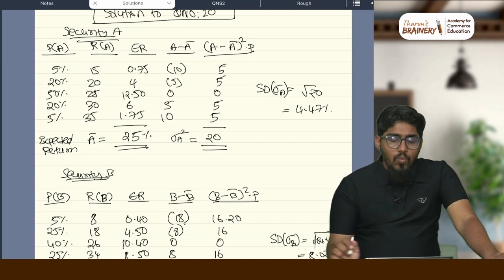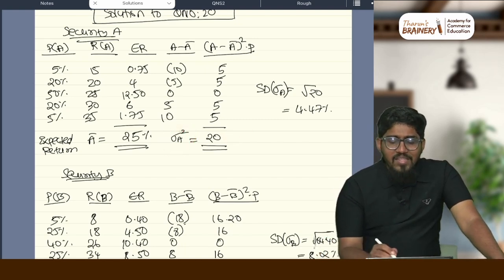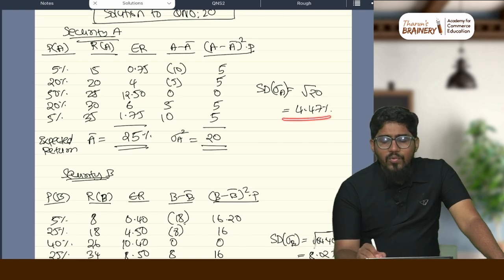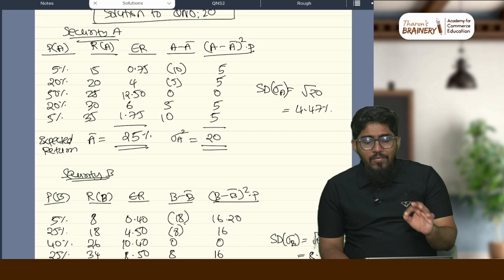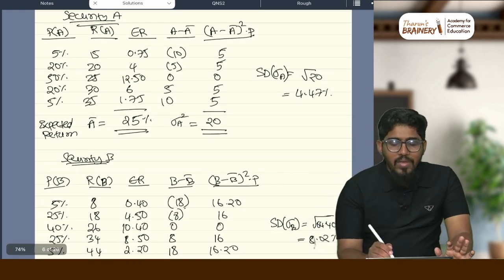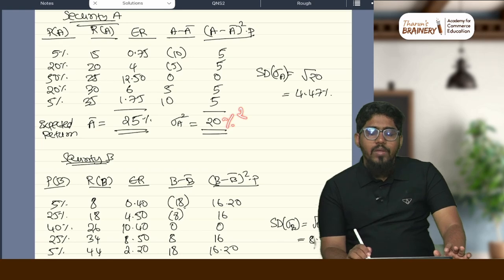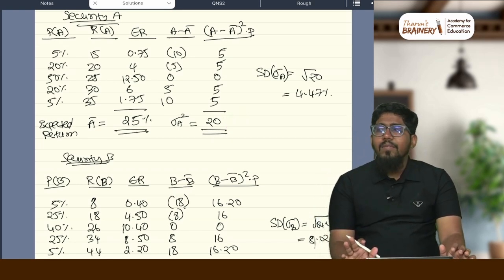Clarity. So what is my variance? My variance is 20. If my variance is 20, what is my standard deviation? Root of 20, 4.47%. Standard deviation will be in percentage, but variance will not be in percentage. Variance is a number which is actually percentage square. So this is my standard deviation.